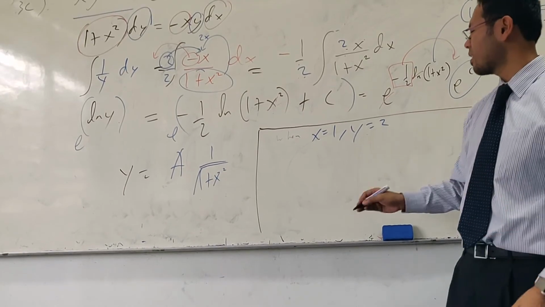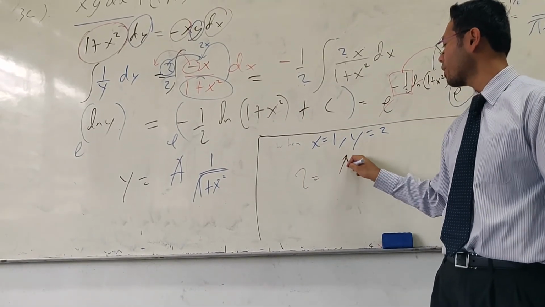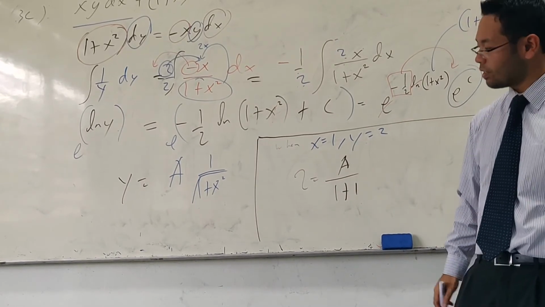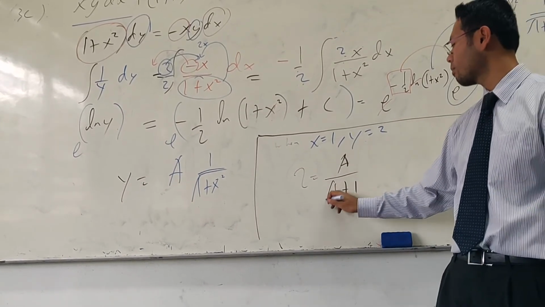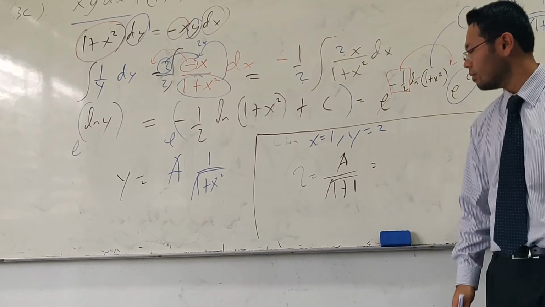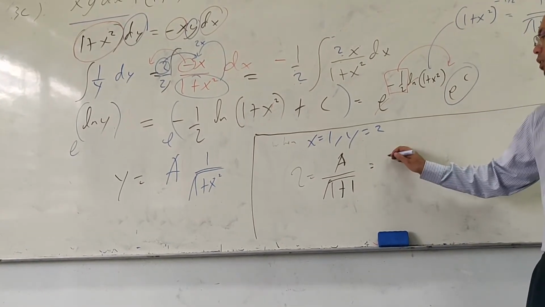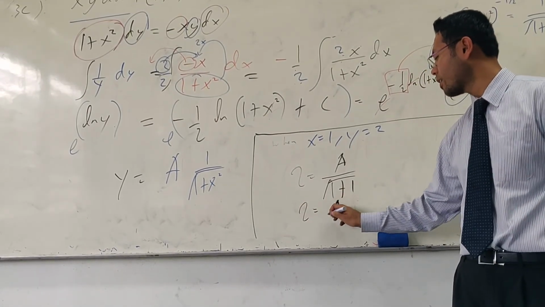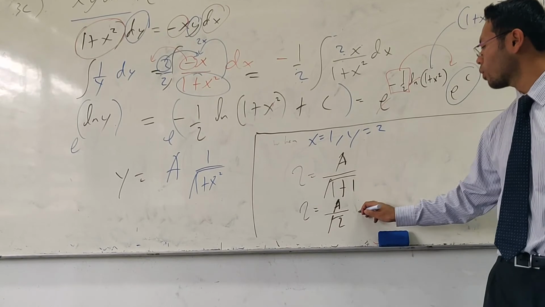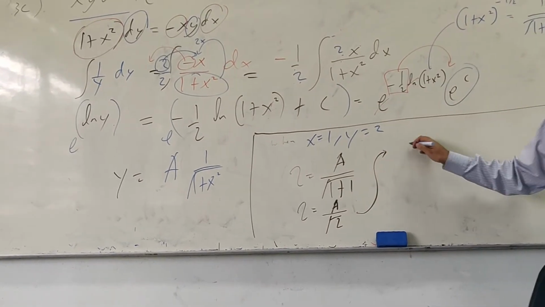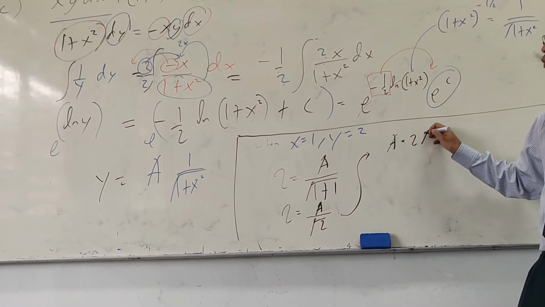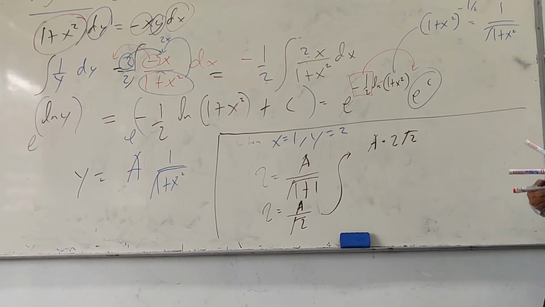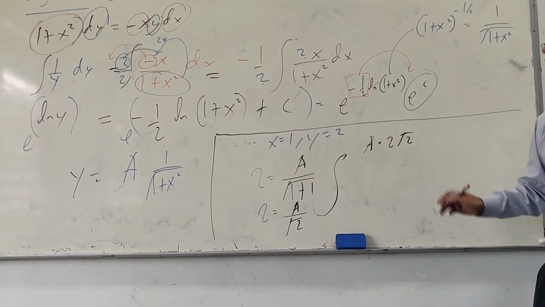So we got ourselves 2 equals A over the square root of 1 plus 1 squared. So 2 equals A over square root 2, which gives you A is 2 square root 2. Are we okay? Or you just want to go home quickly, sir?